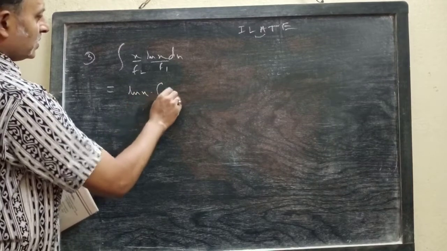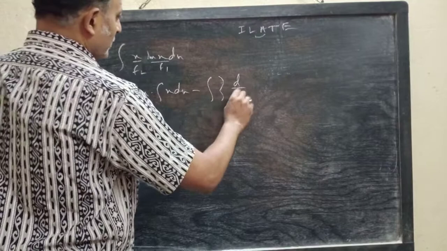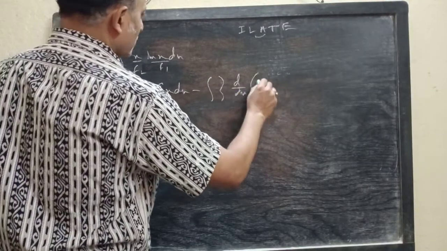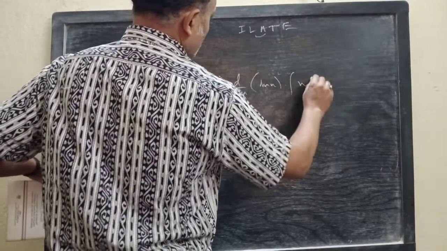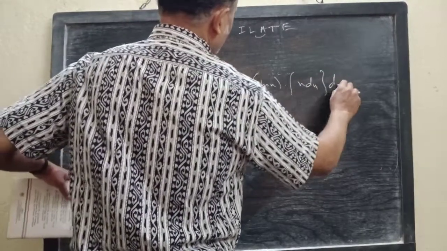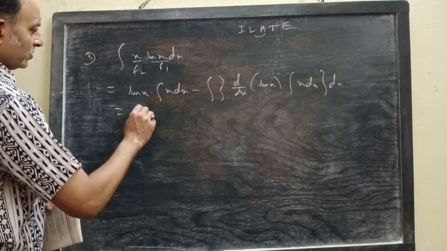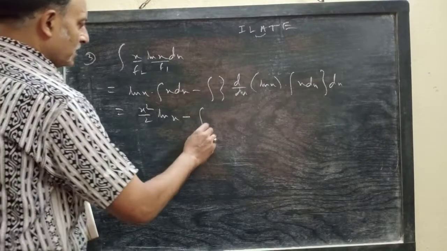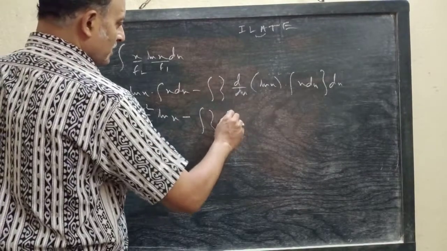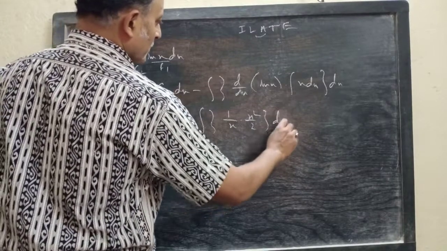Ln x integration x dx minus integration, second bracket, derivative of first function, that is ln x, integral of second function, that is x dx, and the whole integral. Now integration x dx is x square by 2, so that is x square by 2 ln x minus integral of the derivative of ln x, which is 1 by x, times x square by 2 dx.